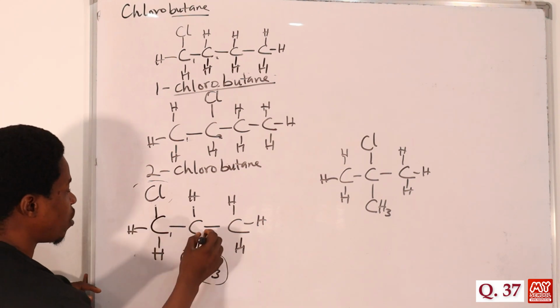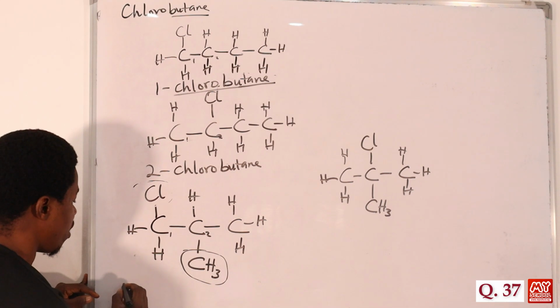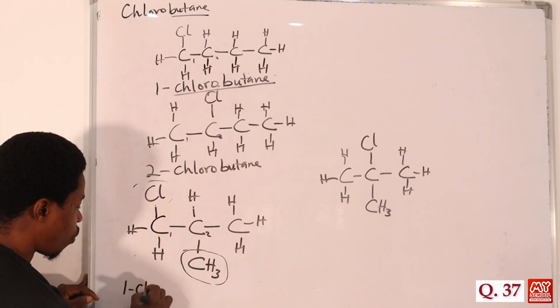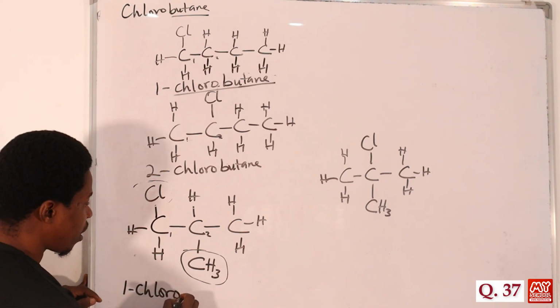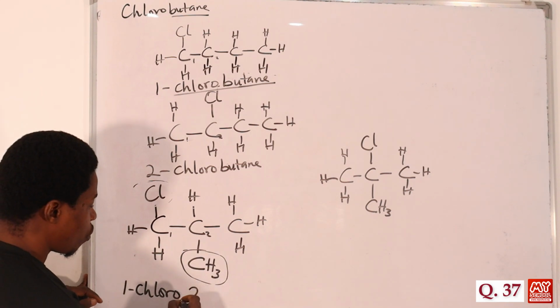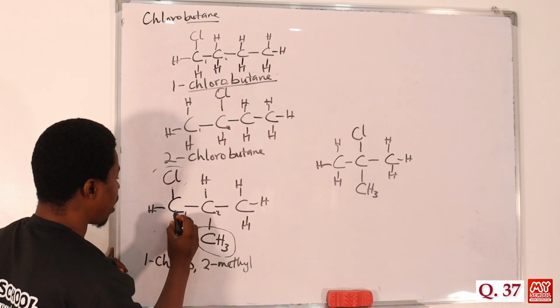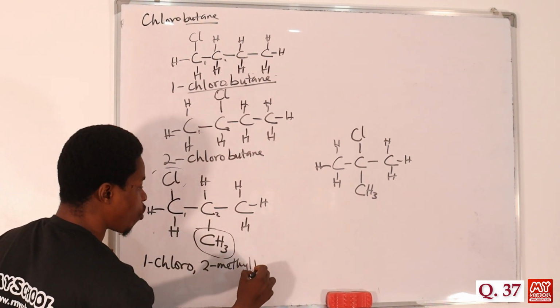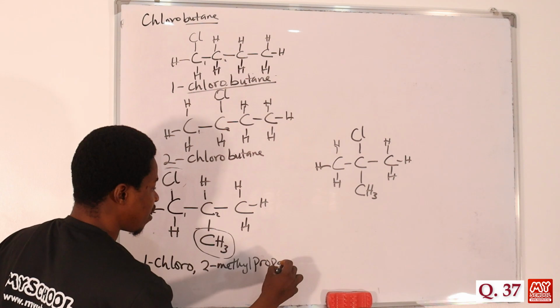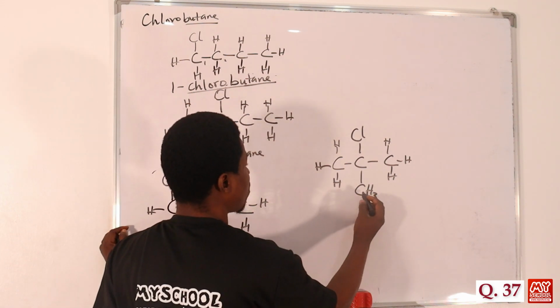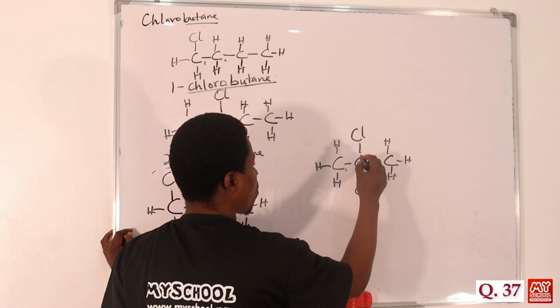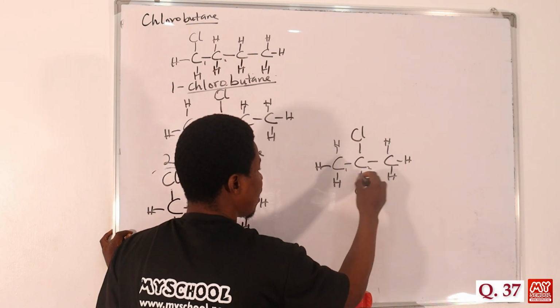So this is carbon 1, carbon 2, carbon 3. So this will be 1-chloro, okay, then 2-methyl. Then how many carbon atoms? 1, 2, 3. That's 3. That is propane. Okay, and then let's look at this last one now. This is carbon 1, carbon 2, carbon 3. So both of them are on carbon 2.